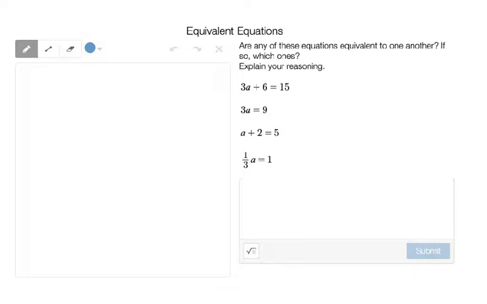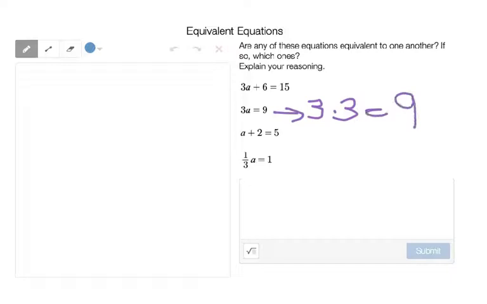Now, based on all that information, which of the following equations are equivalent to one another? So what I would do is look at 3a plus 6 is equal to 15, 3a is equal to 9, a plus 2 is equal to 5, and 1/3 a is equal to 1. Well, I know that when I multiply 3 times 3, I get 9.